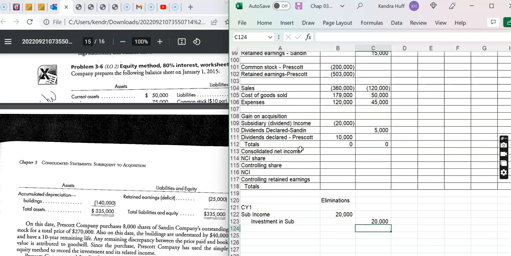I also need to eliminate the dividends. So CY2, back in the investment, and take it against dividends declared for the sub.